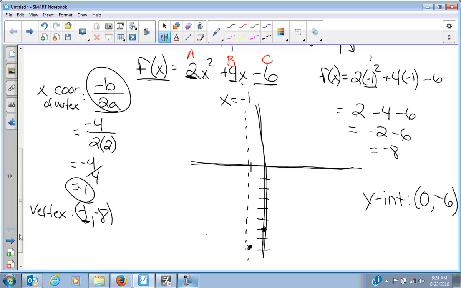You've got the right idea in the beginning, but we don't know how high it's going to go. So if I go one more over, what does that mean? If I go over 1, what's my x?